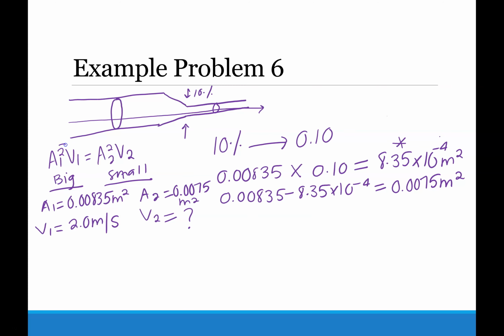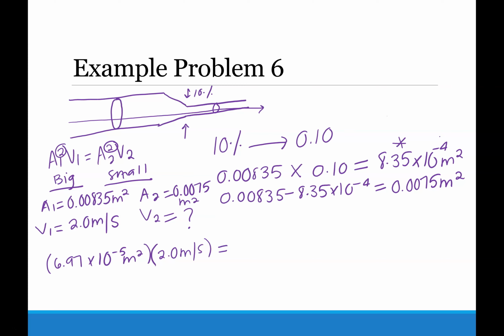So we're going to go ahead and plug our numbers in. Don't forget to square your areas because the answer would be wrong. So 0.00835 squared is 6.97 times 10 to the minus 5 meters squared. For the velocities, we just bring them down. Nothing changes here.